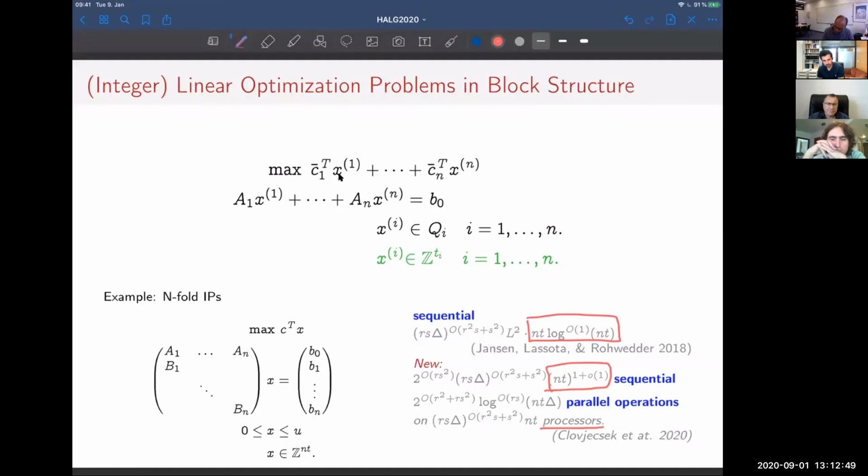But we do not have the quadratic dependence on the binary encoding length. So this is strongly polynomial and near linear. And we have a slightly worse parameter. In particular, what is slightly worse is this 2 to the O of R times S squared. Otherwise, the parameters are the same.